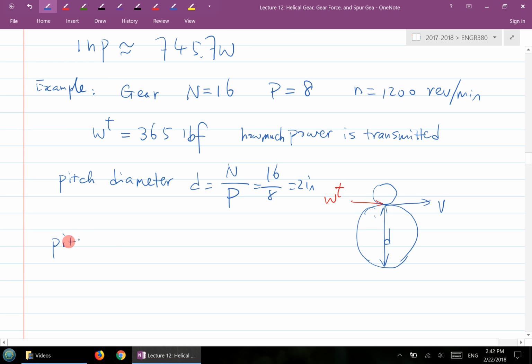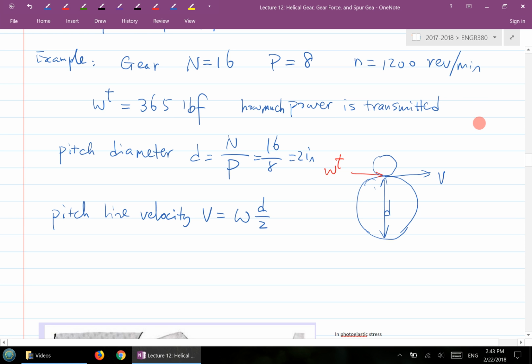Now we can calculate the pitch line velocity V. This velocity needs to be constant. So V here is omega times half of the pitch diameter, omega r. Omega is given in revolutions per minute, so it has to be converted a little bit.